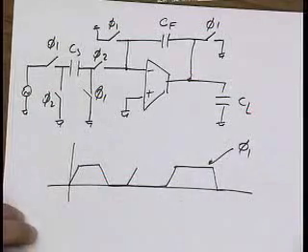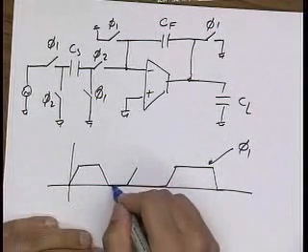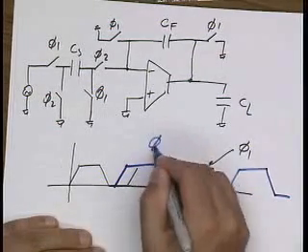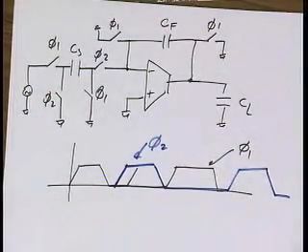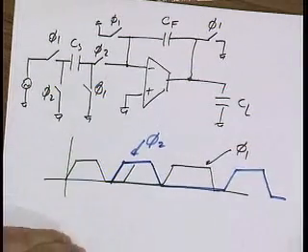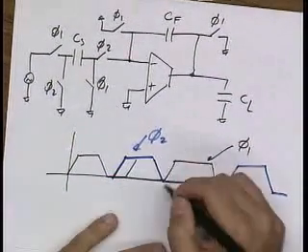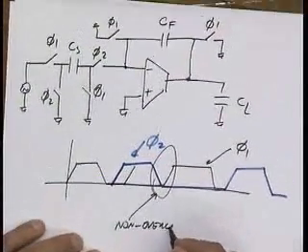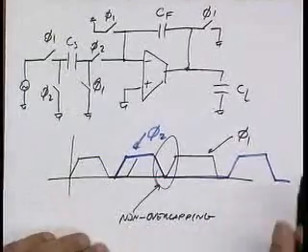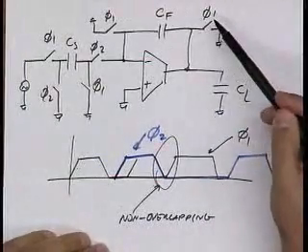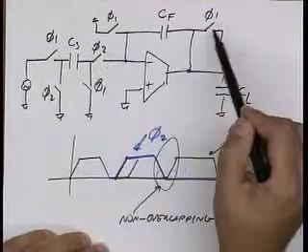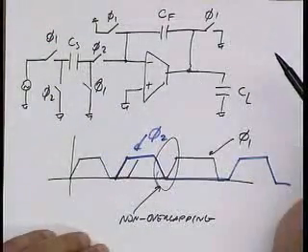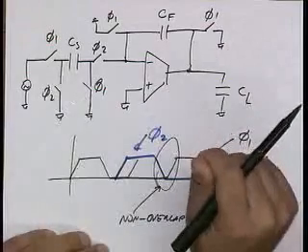And then I'm going to have another clock domain which is Phi2. And one thing that I want to emphasize is that the clocks are non-overlapping. In other words, I turn off this switch, then I turn on this other switch. There's no time period where they're both on, right? And that's important, as we'll see later.